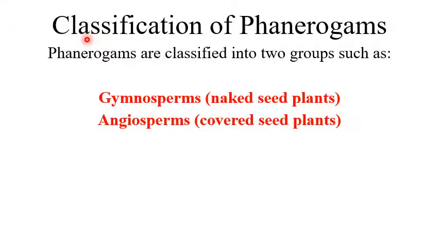Then let's come to the classification of phanerogams. Phanerogams are classified into two groups: the first group is gymnosperms and the other group is angiosperms. Gymnosperms are naked seeded plants and angiosperms are covered seeded plants.